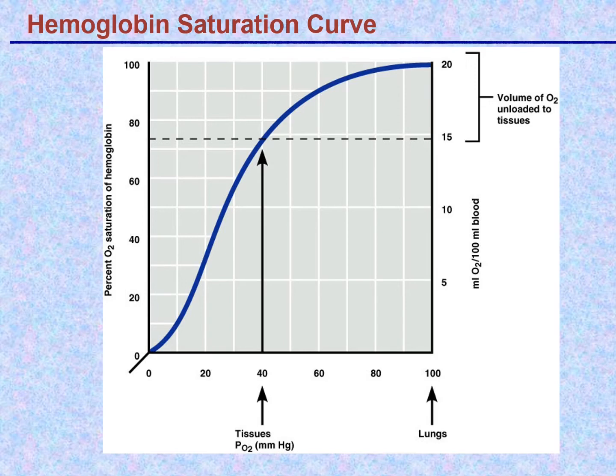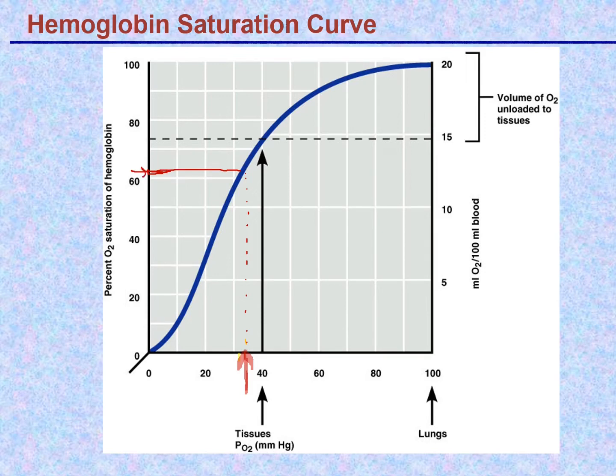So if you're here, for example, at this value, the curve is quite steep in this area. If the tissues have a lower PO2 here, then as you go up and look, because the curve is steep, the curve dives down, and there's quite a bit of change right here.